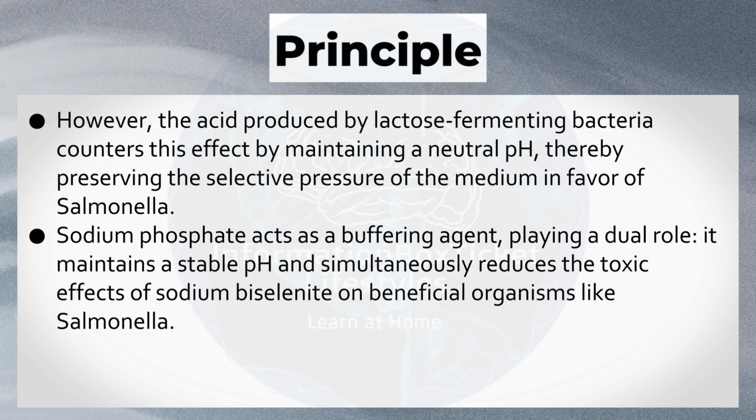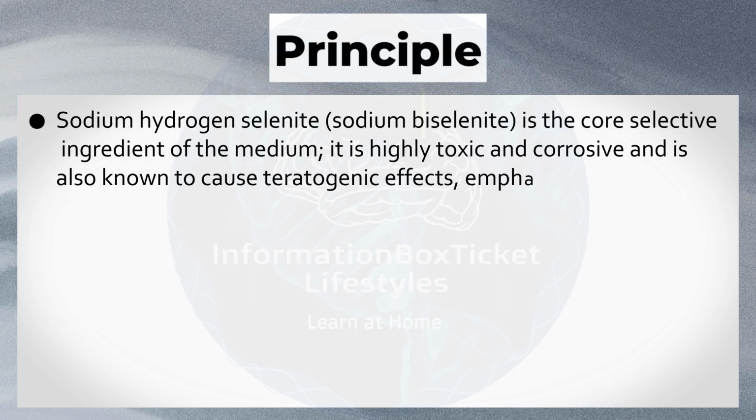Sodium phosphate acts as a buffering agent, playing a dual role. It maintains a stable pH and simultaneously reduces the toxic effects of sodium biselenite on beneficial organisms like Salmonella. Sodium hydrogen selenite, sodium biselenite, is the core selective ingredient of the medium.